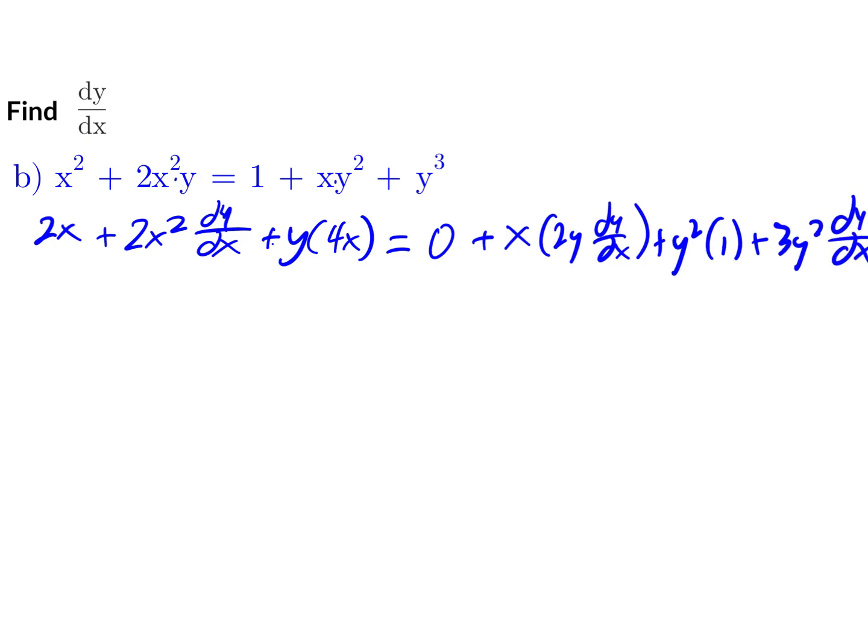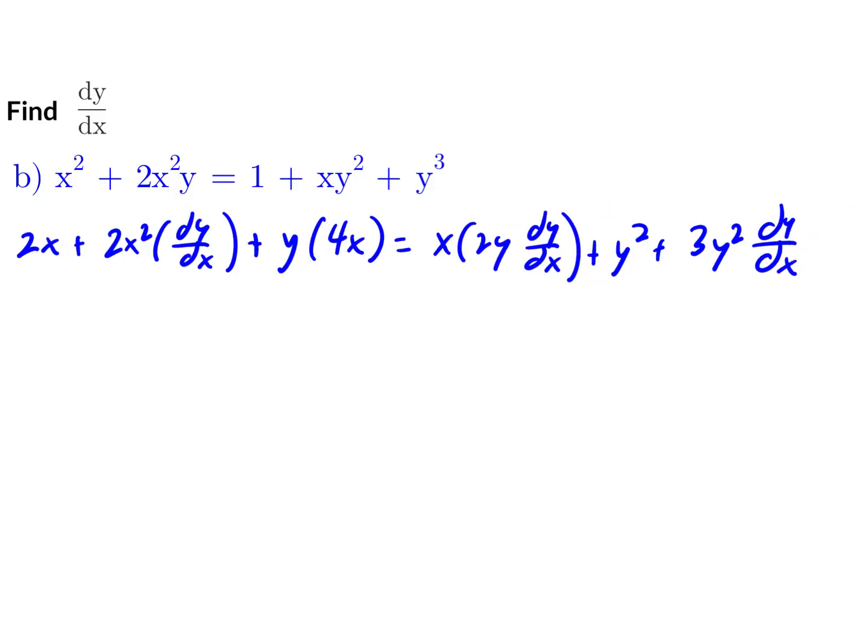So here's where it starts getting a little more involved, right? Because I have 1, 2, 3 dy/dx's. And I have to gather those all together on one side and move everything else to the other side. So here's what I had when I wrote it out ahead of time. I did not put the 0 for the derivative of 1.